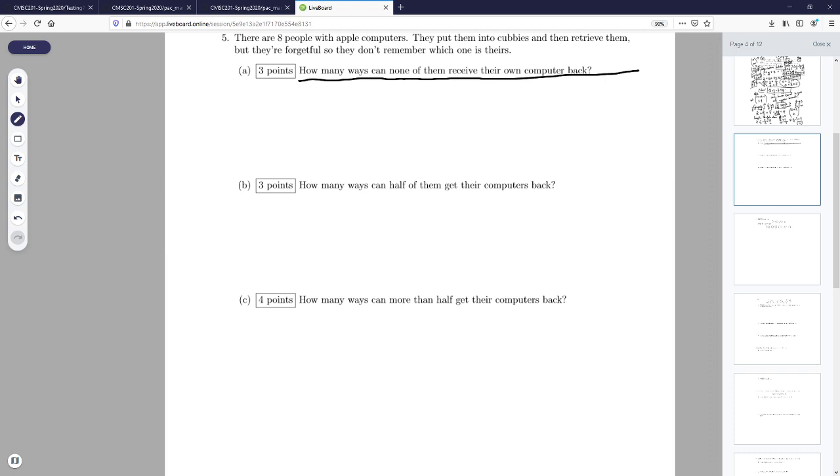If I have 8 people and each person has a computer, and I'm going to permute the computers.